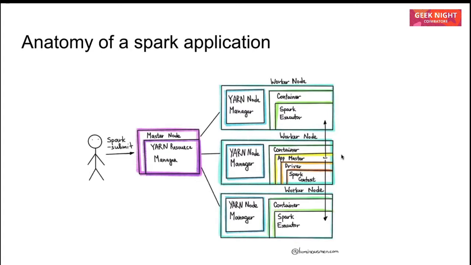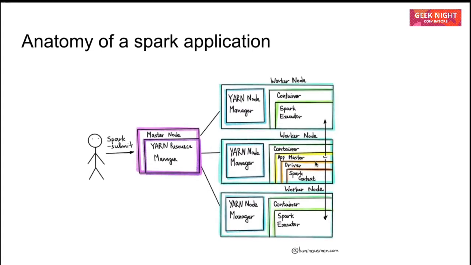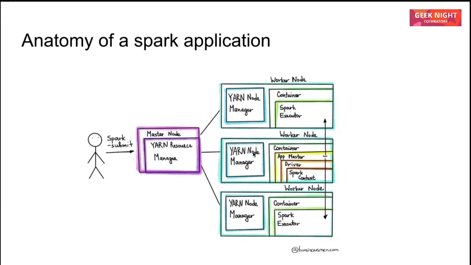As we can see here, there is an application master getting created, and in the application master, there will be a driver program that gets created. This driver program is now going to be responsible for working with the resource manager to negotiate resources.